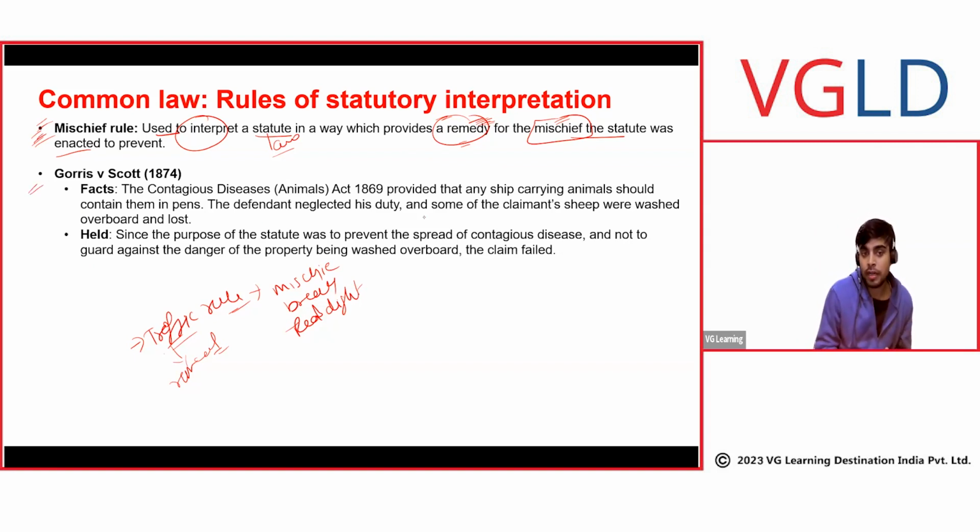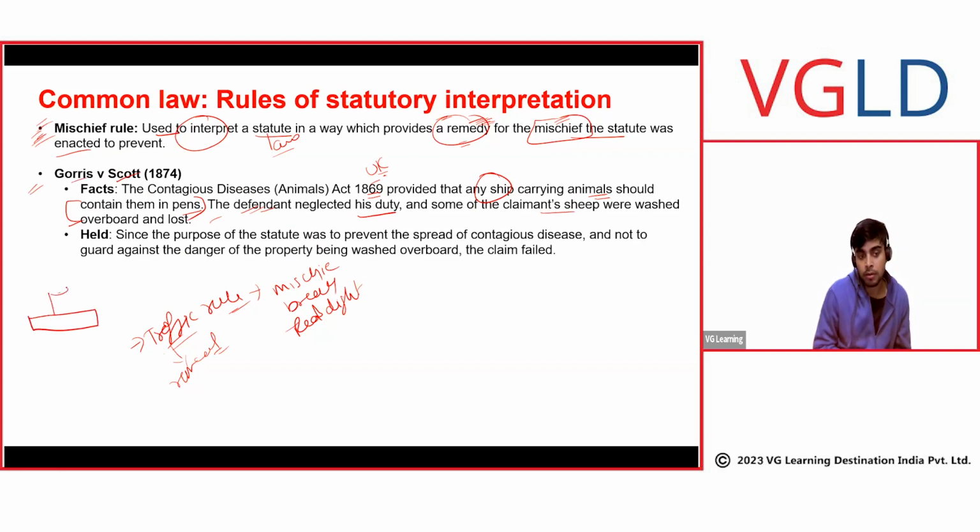There was this Contagious Disease Act 1869, obviously of the UK, which provided that any ship carrying animals should contain them in pens. The case was filed between these persons. Let's say the defendant neglected his duty and some claimant's sheep were washed overboard.